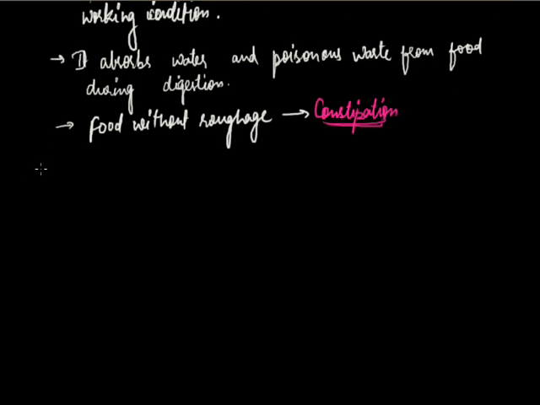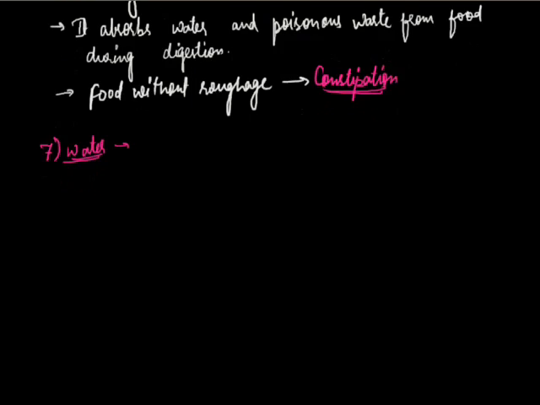Next basic constituent of food is water. As we all know, water is very important for humans and all living beings. Without water, nobody can survive. The main part of our body and all animals' bodies is water, because the human body contains 70% water. So 70% of our body is made up of water.